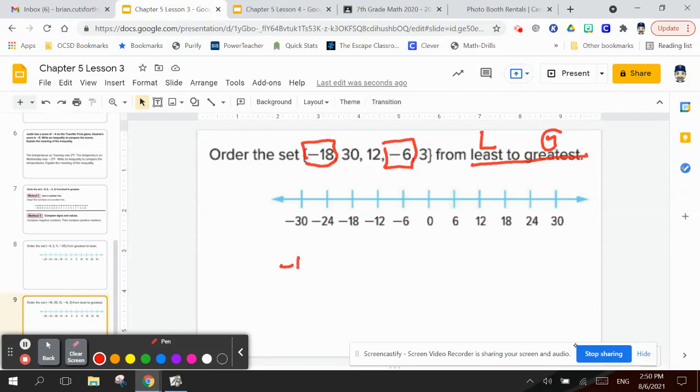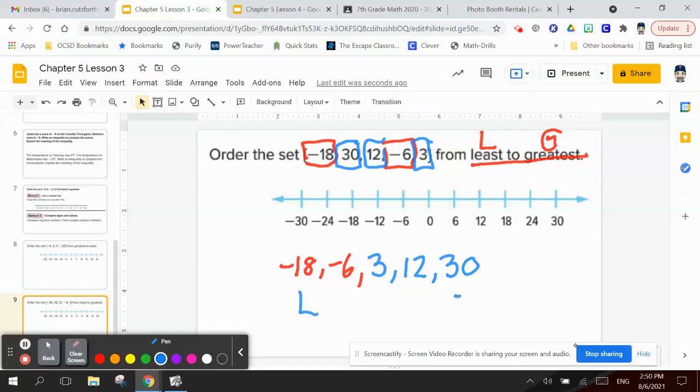So -18 is the smallest, then -6. Then we're going to look at 30, 12, and 3. What's the smallest number that we have? That's going to be 3. Between 12 and 30, what's the next smallest number? That's going to be 12. And last is going to be 30. So there's your numbers in order from least to greatest.